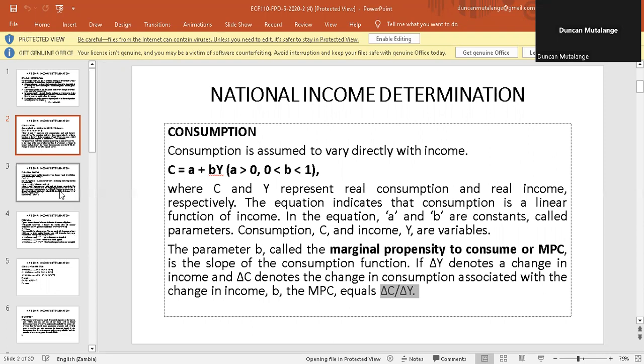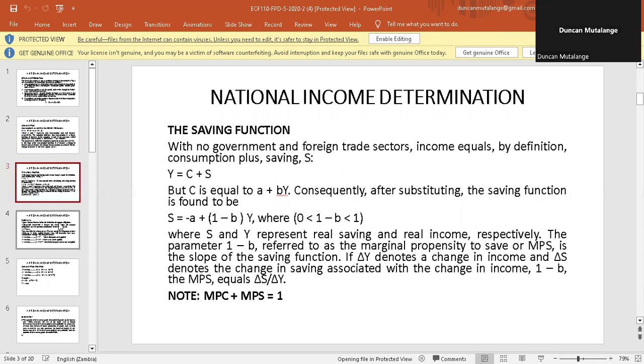Now, because I do not have, let me see the next slide if we have something to calculate. Since we don't have it here, let me just quickly give you an example. I just want you to write this down quickly. If income increases from 300 to 400, consumption also increases from 50 to 100.